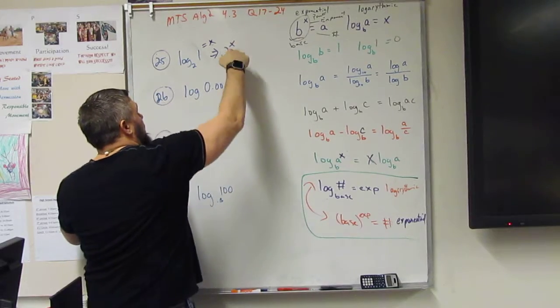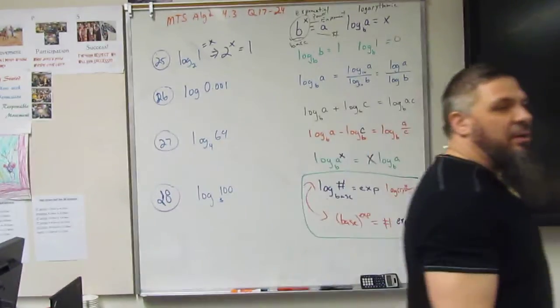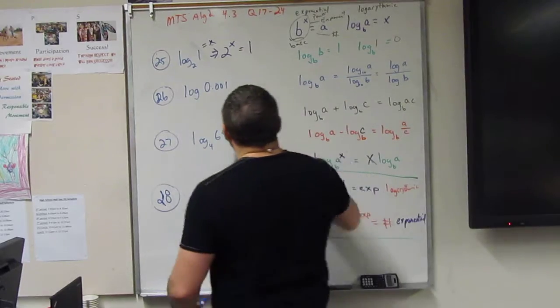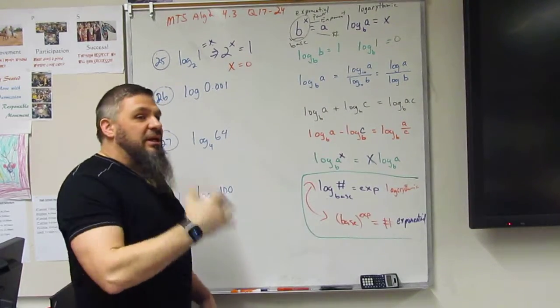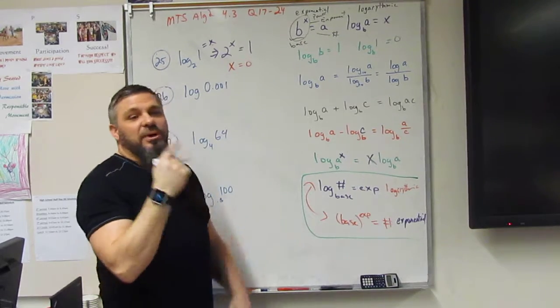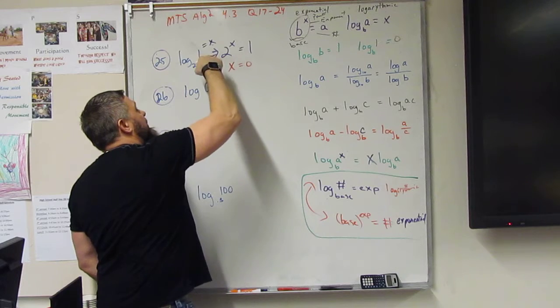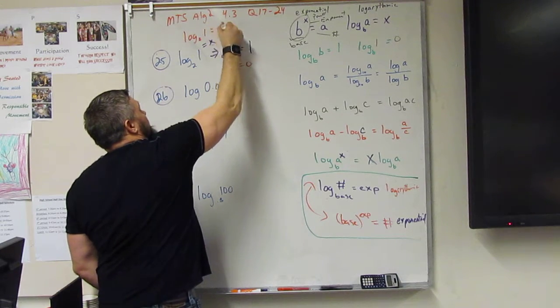So it's unknown, but we know that it equals 1. So 2 to what power equals 1? What does x have to be? Has to be 0. Any number to the 0 power is 1, right? So in this case, x has to be 0. So the log base 2 of 1 is equal to 0.